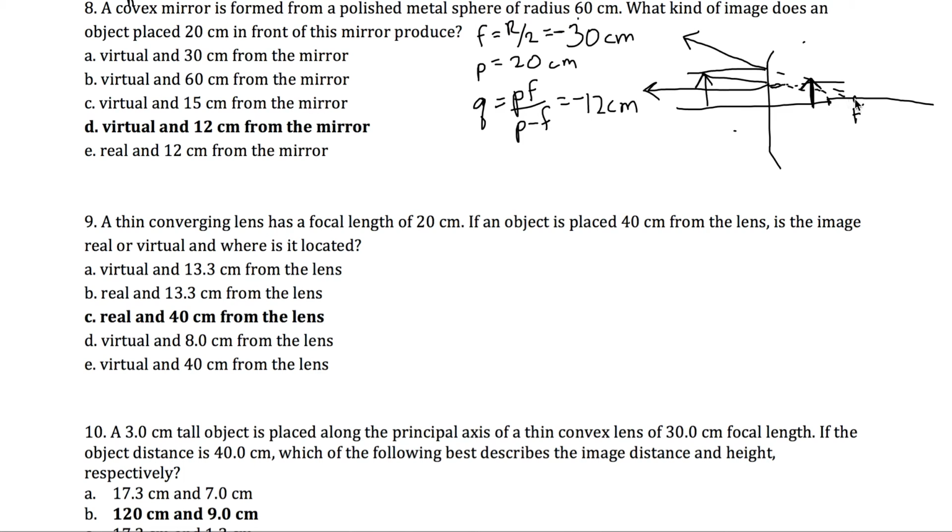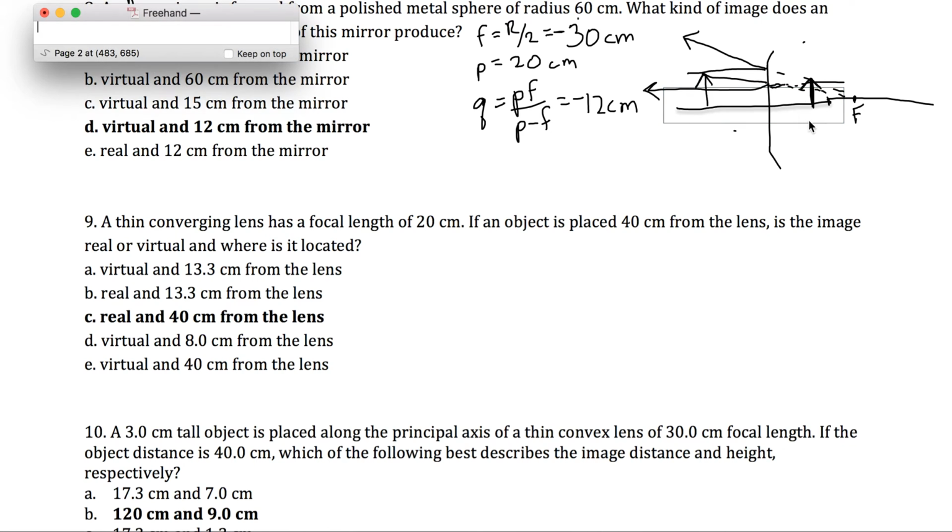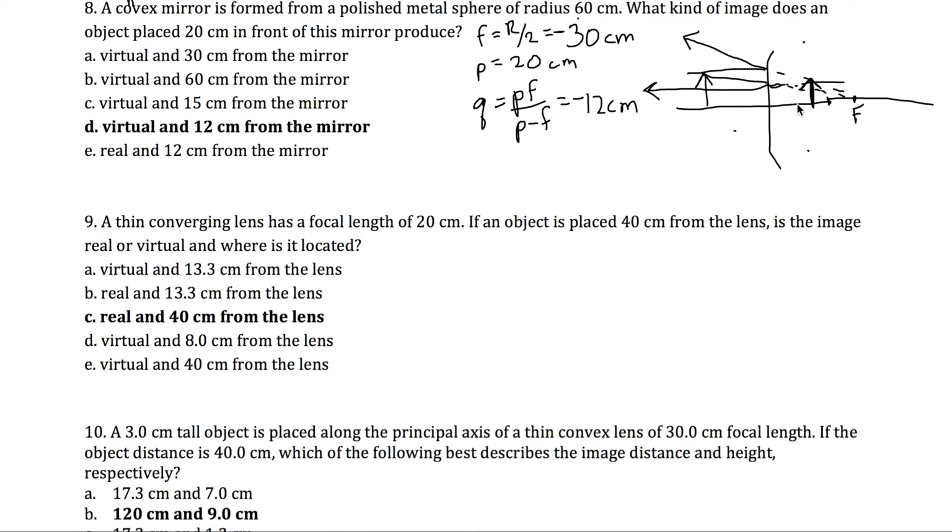So this was 30, this was 20. It looks closer to 15 the way that I did it, but it's because it's not to scale 100%. But at least by doing a rough sketch, you can see that it really is a virtual image because we had to project those rays back.